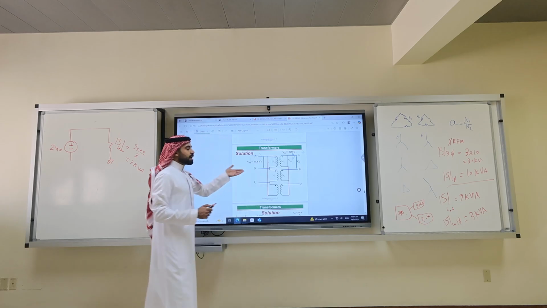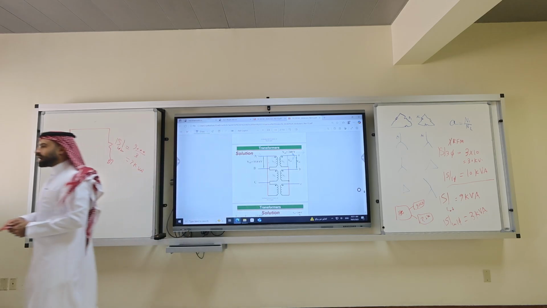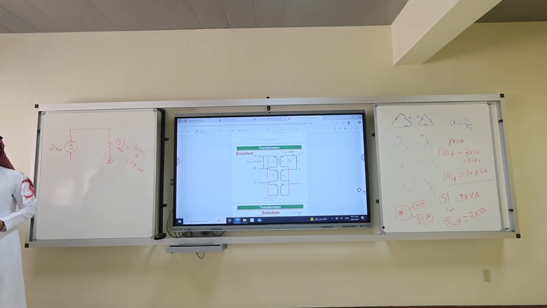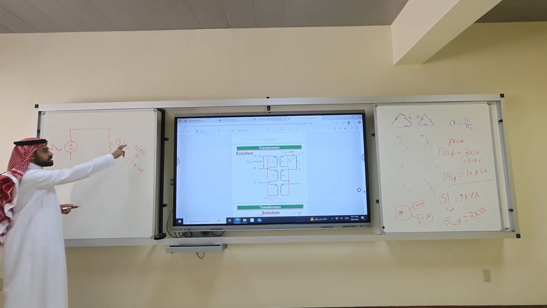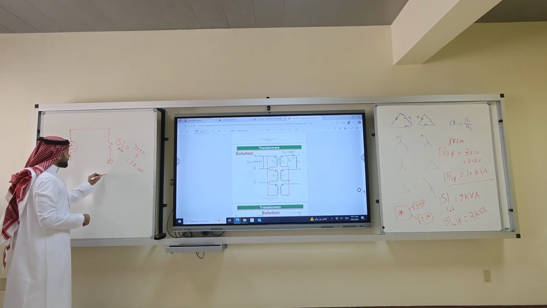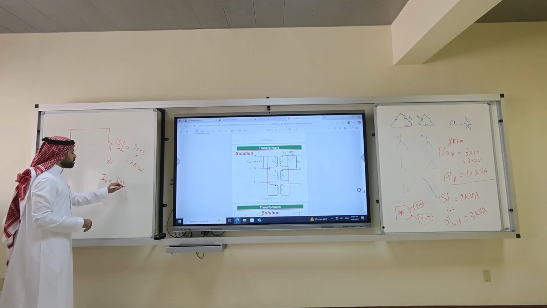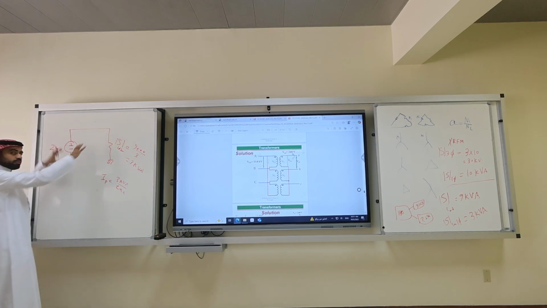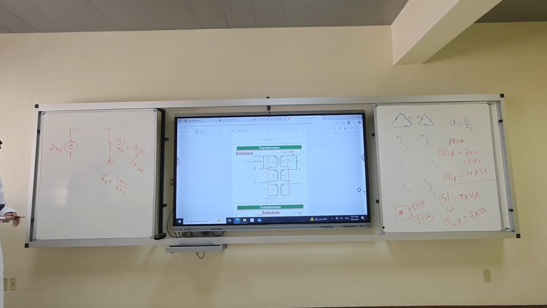So he wants the line currents. To get a line current, I need to draw a single phase circuit. I know it's 9,000 over 3, but I have a 3-phase system. So what is the current per phase? It is 3 kVA over 240. Why 240? Because I'm drawing the single phase equivalent circuit.